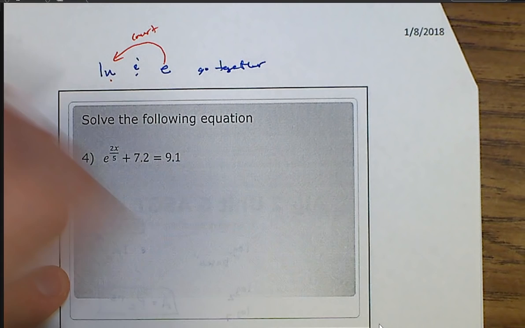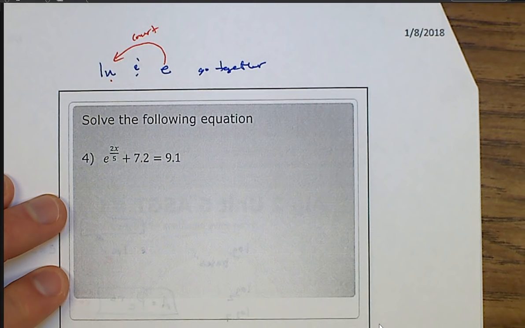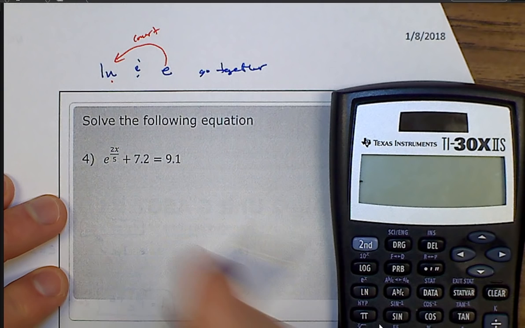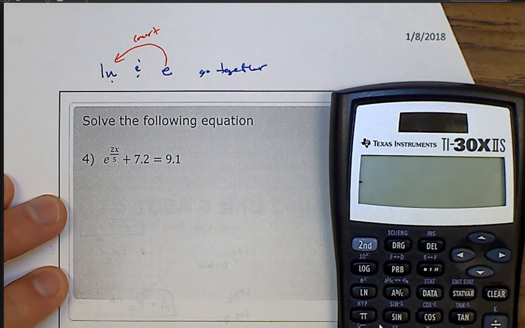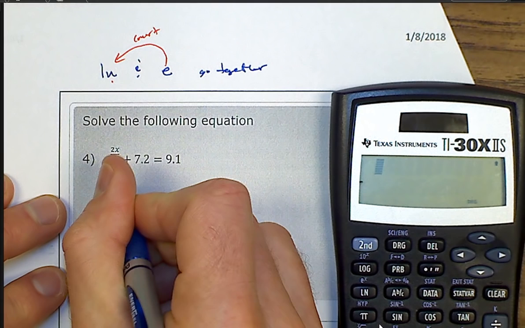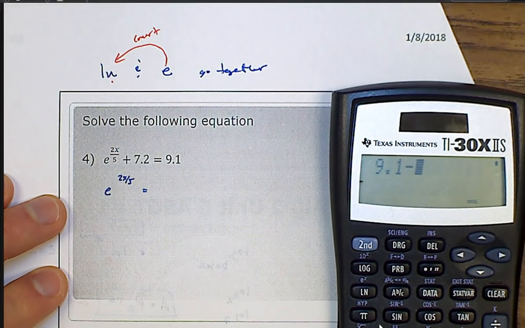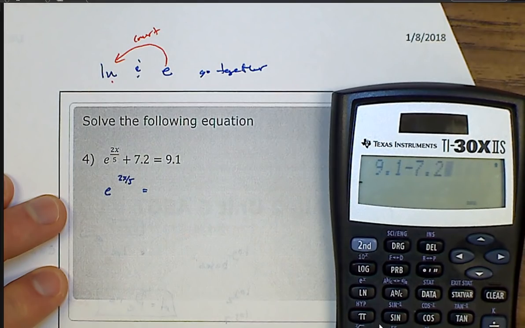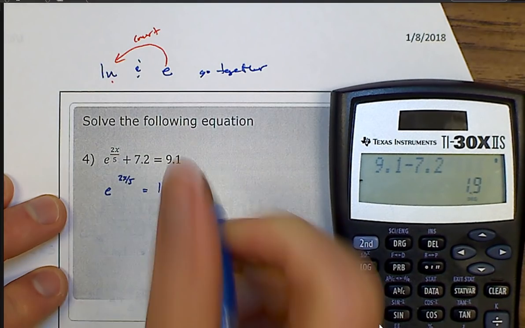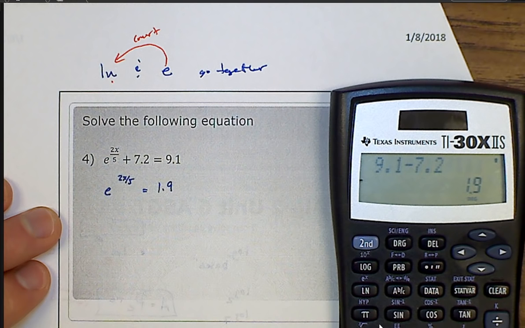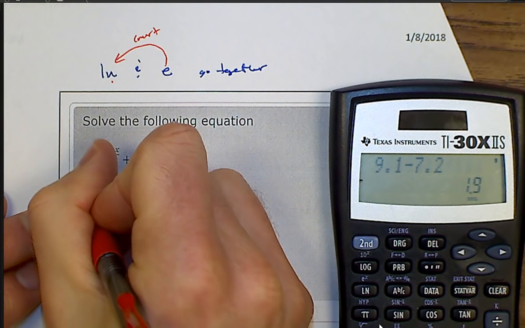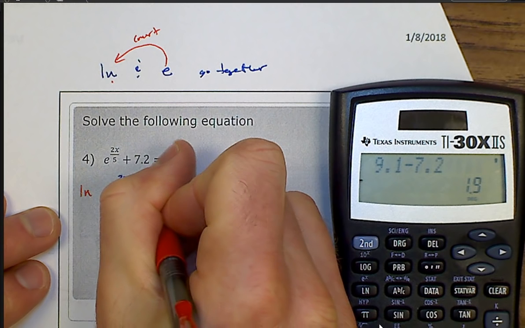All right, we want to solve this, so we want to isolate the e to the 2x over 5. So I'm going to subtract the 7.2, so I'm going to have e to the 2x over 5 equaling 9.1 minus 7.2. That should give me 1.9. Okay, and now I'm going to take the natural log of both sides. The reason I'm natural logging both sides is, remember, what's the base on natural log?